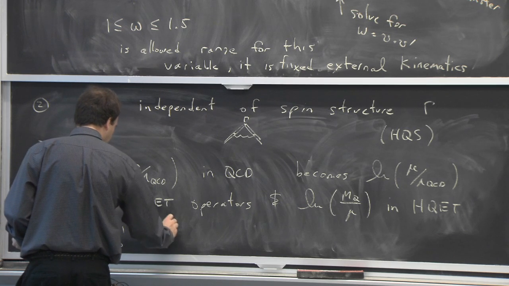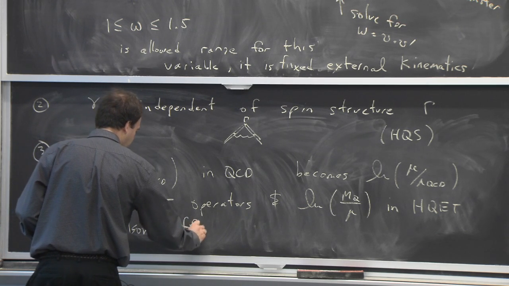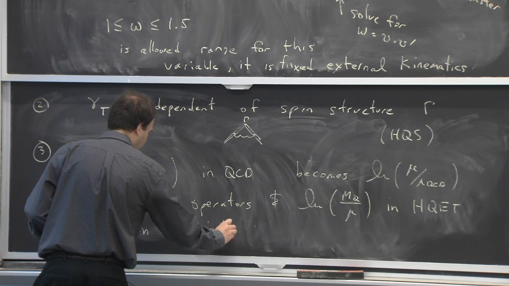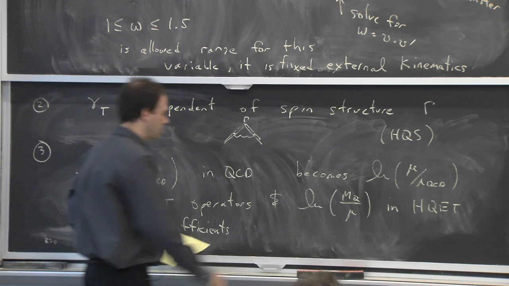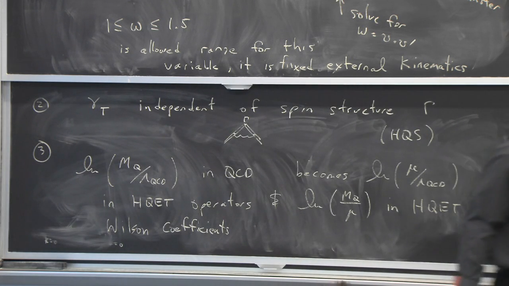Just exactly the same as how we talked about it for integrating out a heavy particle, the logs get split up into pieces in the Wilson coefficient, and pieces in the matrix elements, the operators. Here we're separating the heavy quark mass mq, and it's both the charm and the bottom in the case that we're talking about.